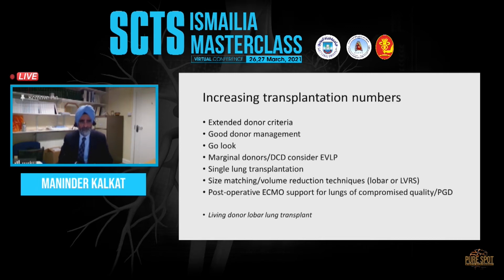And also go and have a look at the organ rather than be at the end of the telephone and hearing the numbers. So a responsible person should go and have a feel of the organ. And then those marginal donors, or where we are increasingly looking at the DCD, then consider EVLP, which I will just describe in the next few slides.